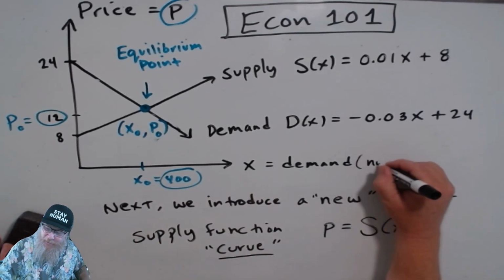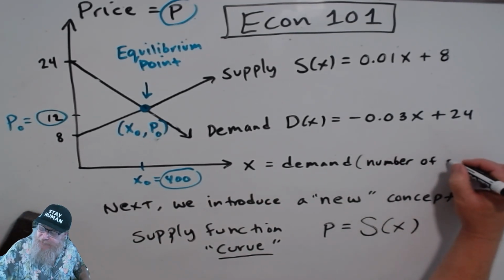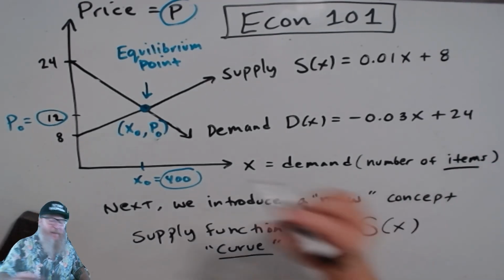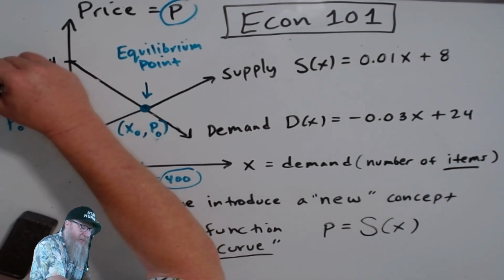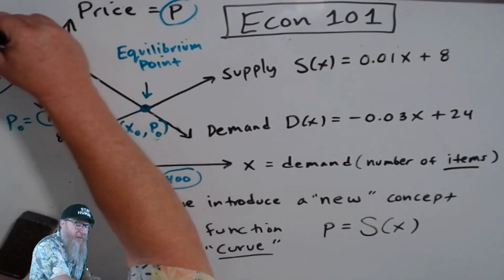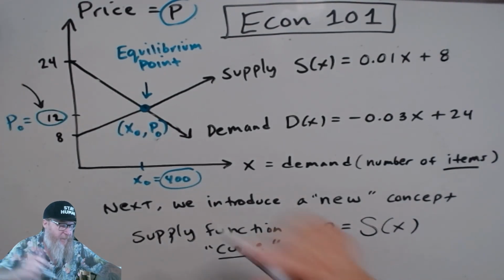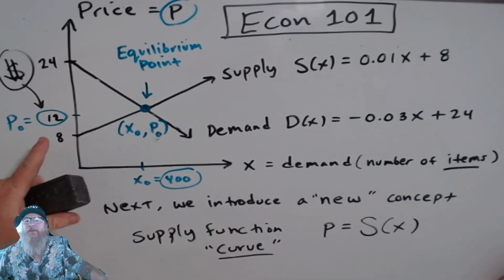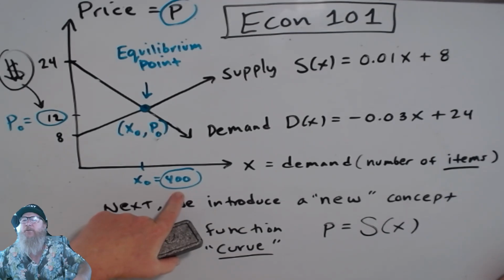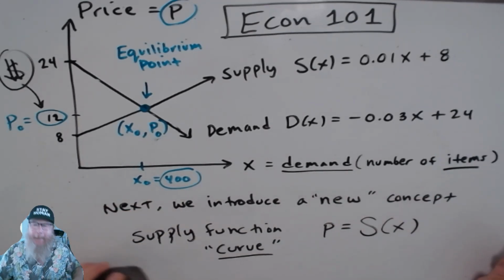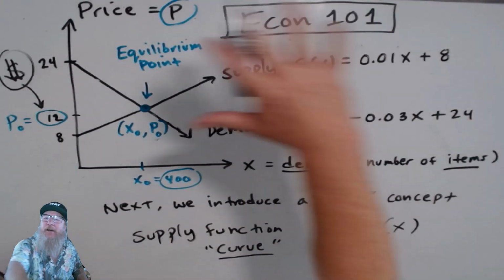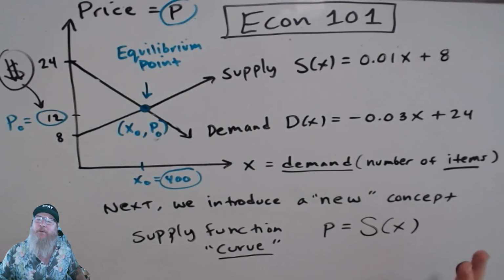That's the number of units or the number of items demanded. And then P is the price, which I think I already mentioned, usually in dollars. I'll just put a dollar sign here. So $12, 400 units will be demanded. Okay. And this entire arena or world that we live in is called the market.